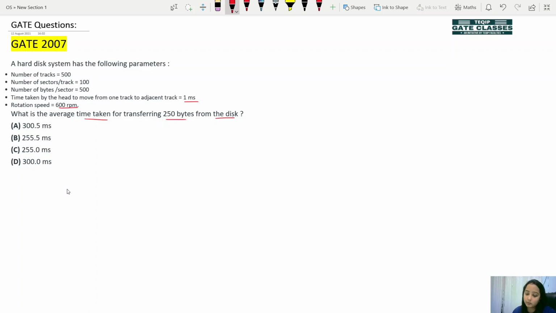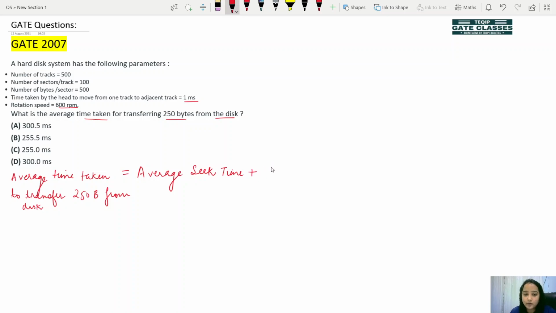The options are given. So let me write what this average time taken is. The average time taken to transfer 250 bytes of data from disk can be calculated as average seek time plus average rotational delay, we have seen the formula on the last page, plus data transfer time.